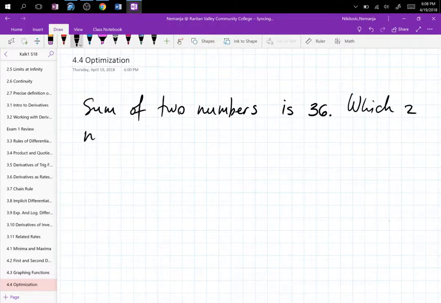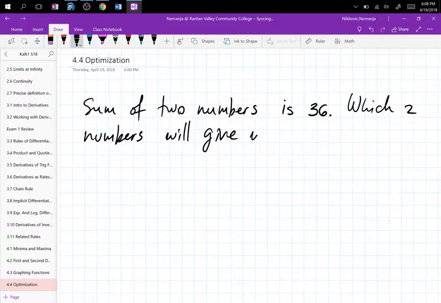Which two numbers will give us the maximum product? So what am I looking for? I'm looking for two numbers, x and y, whose sum is 36 and whose product is maximum.